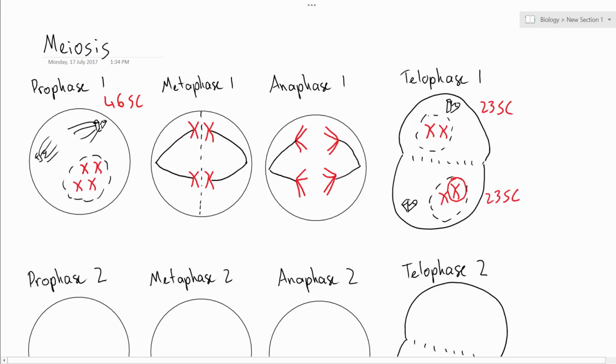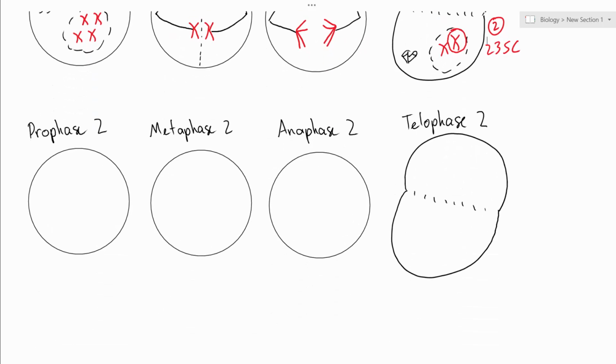So what happens is each of these newly produced cells in meiosis 1, so cell 1 and cell 2, will go through a second division of meiosis as well. I've only drawn in one here just because you can imagine the process is going to occur twice. So let's say, for example, we're going to follow the path of cell 2 here.